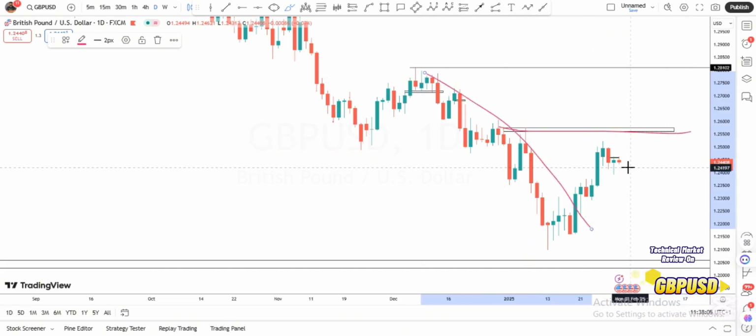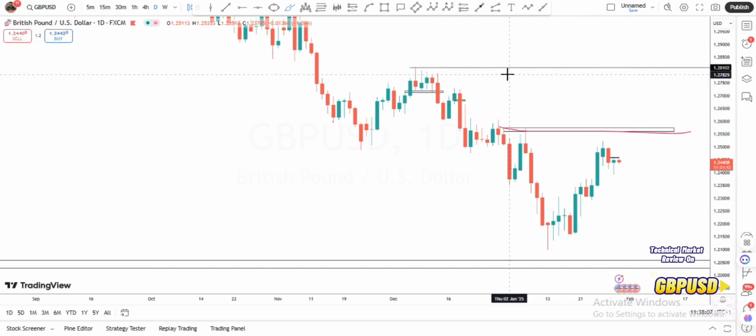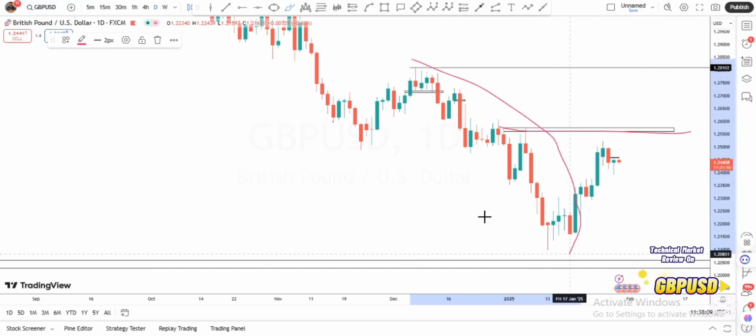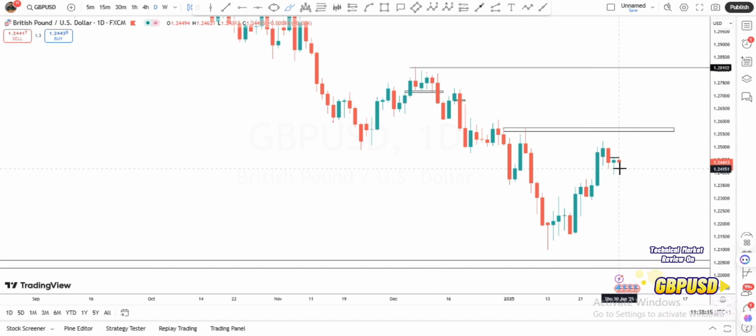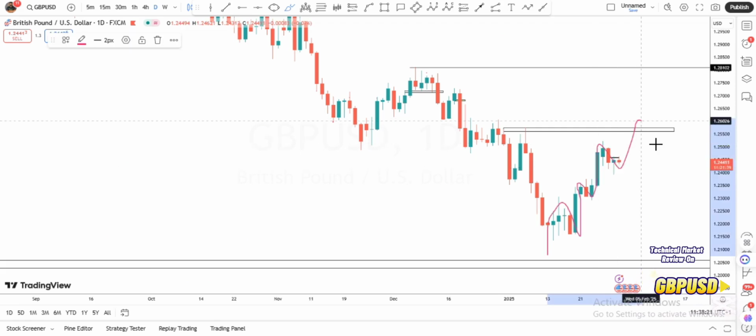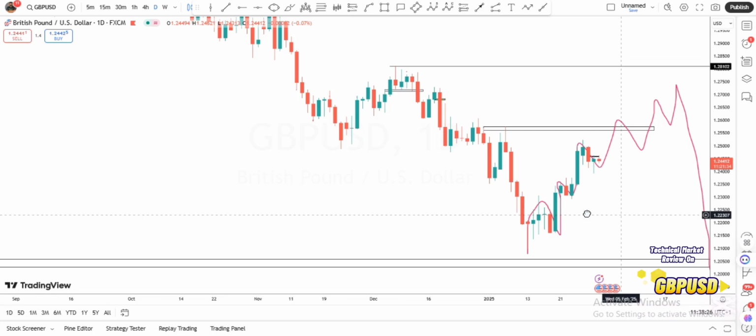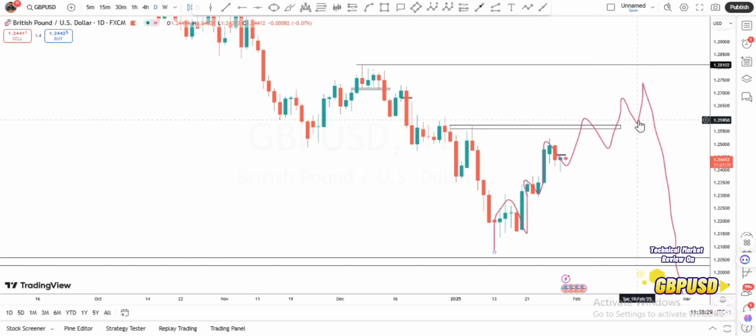It doesn't mean that the whole trend is going to end, just that this particular one has exhausted, and this whole correction is now going to extend more to the upside, something like this, before we have the next impulsive phase as we have conducted on the weekly time frame, right?